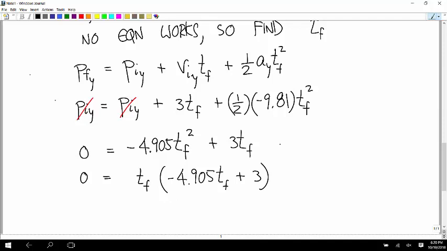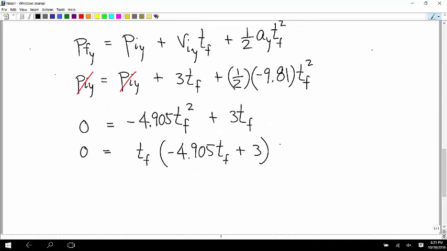And so what values of t_f make this equal to 0? We have two things multiplied together, this and all of this. The only way for all of it to be equal to 0 is for one of these two terms to be 0. So one solution is t_f equals 0. That's not the one we want, but that's a root. And then the other one is if the stuff in parentheses is equal to 0.